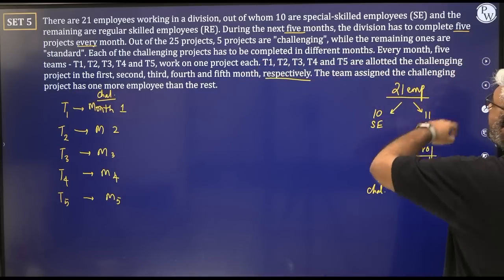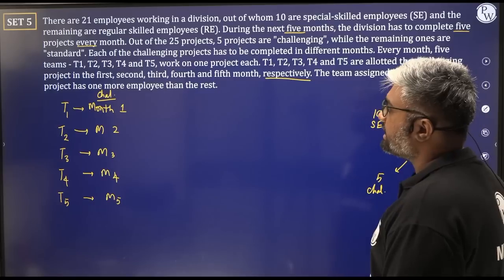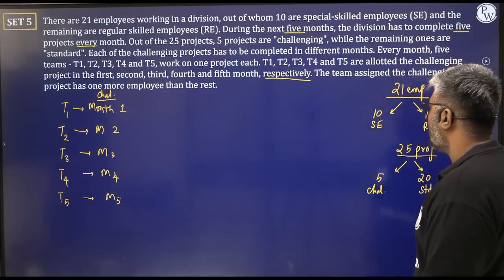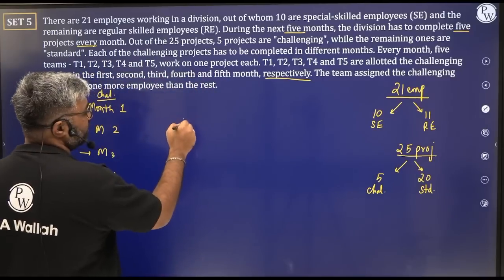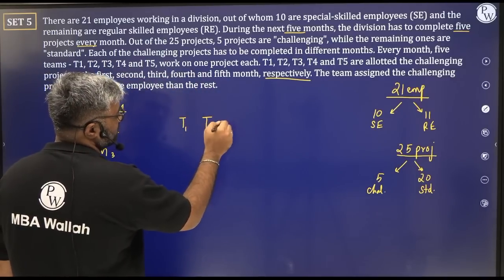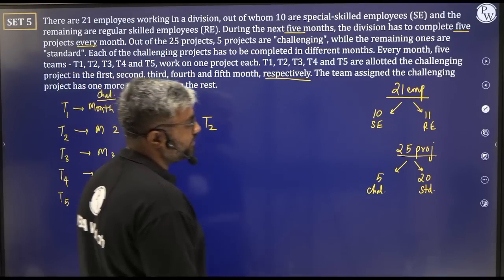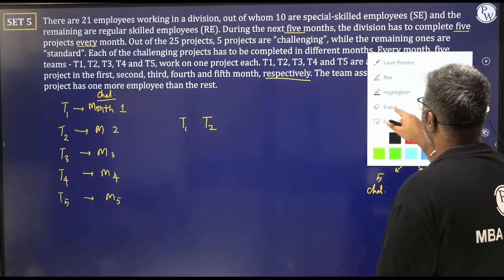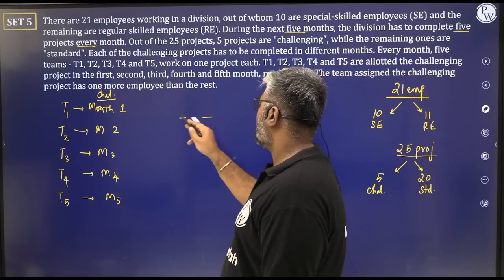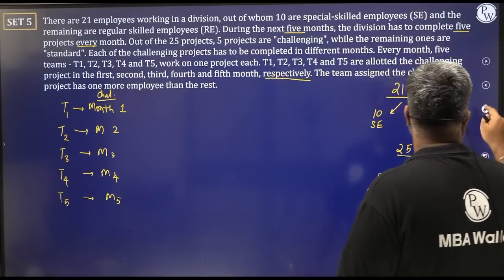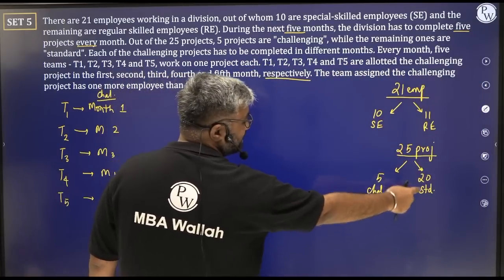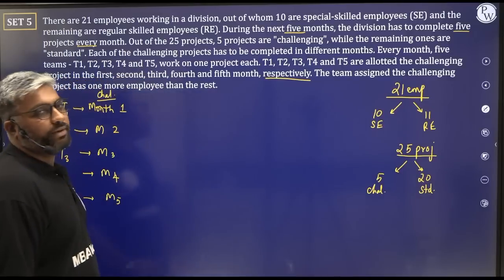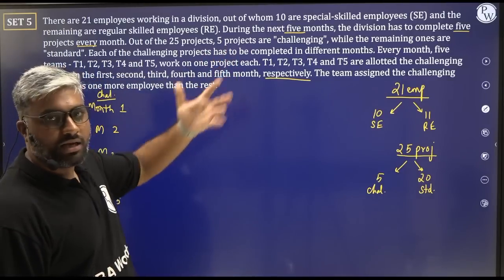Okay, the team assigned the challenging project has one more employee than the rest. Okay, so there are 21 employees. There are 5 teams. Okay, 21 employees, 5 teams. Team 1, team. Okay, let's say we don't know which month. So for first month or whatever, or you can directly think of it. We know that there are 5 projects. There are 5 challenging projects, and each month they'll be doing 5 projects, right? Each month they are doing 5 projects.